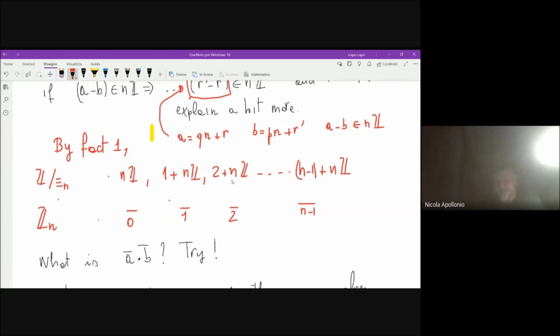Of course, each one of these classes is defined by a number plus a multiple of n.